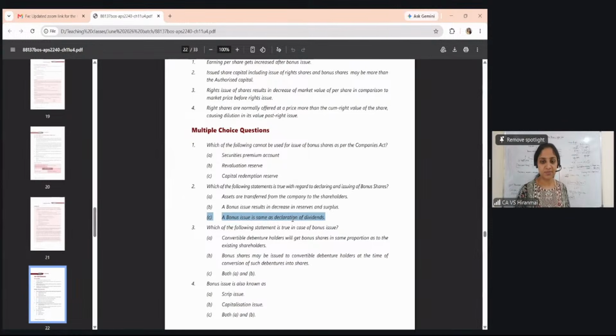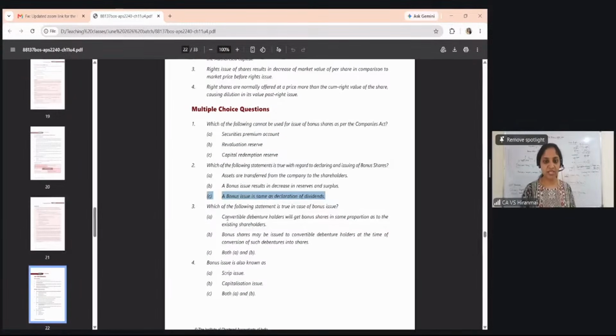Which of the following statements is true in the case of bonus issue? Convertible debenture holders will get bonus shares in the same proportion as the existing shareholders. Bonus shares may be issued to the convertible debenture holders at the time of conversion of such debentures into shares. We will study the debentures chapter later, where we will understand that one type of debentures is called convertible debentures.